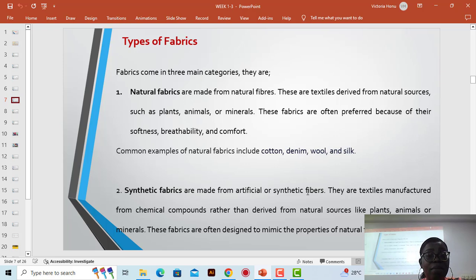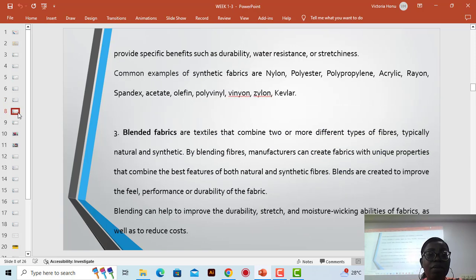They are textiles manufactured from chemical compounds rather than derived from natural sources like plants, animals, or minerals. They are derived from chemicals. These fabrics are often designed to mimic the properties of natural fabrics, or to provide specific benefits such as durability, water resistance, or stretchiness.